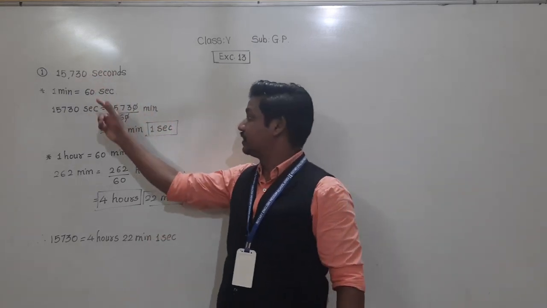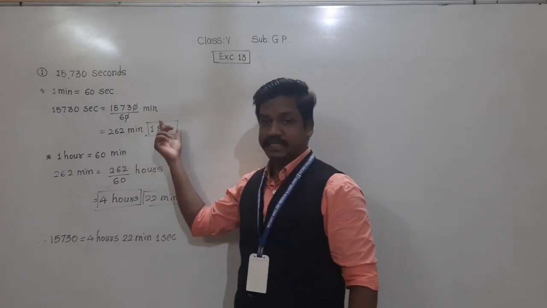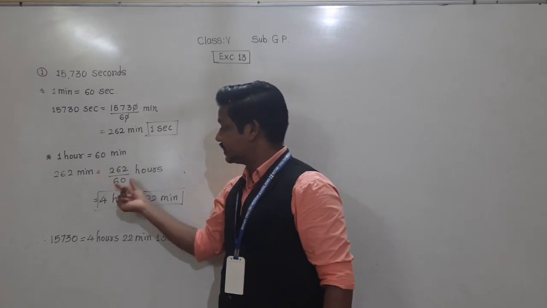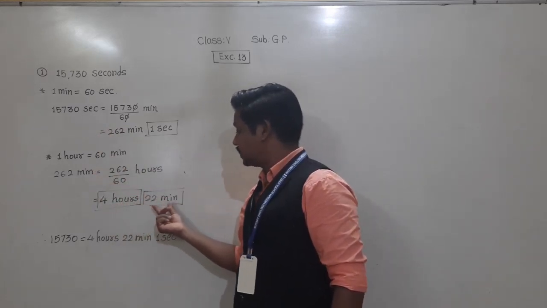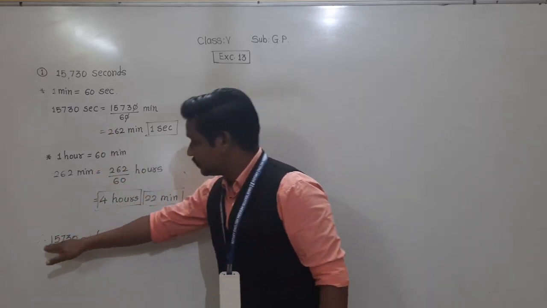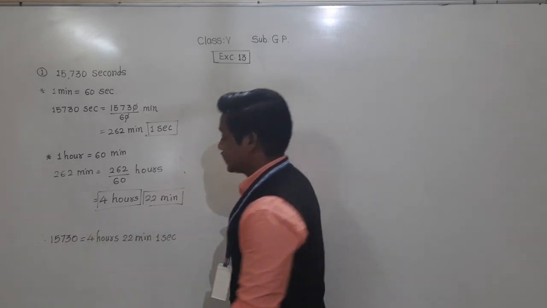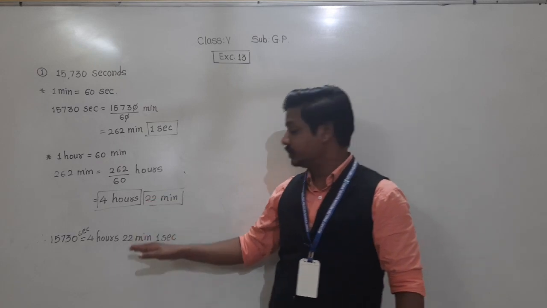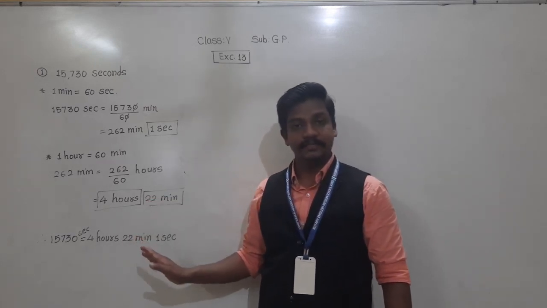First this given second we converted into minutes and second. So we got 262 minutes and 1 second. Again this minutes we converted into hours. So we got 4 hours and 22 minutes. So at the end, 15,730 seconds is equal to 4 hours, 22 minutes, 1 second.